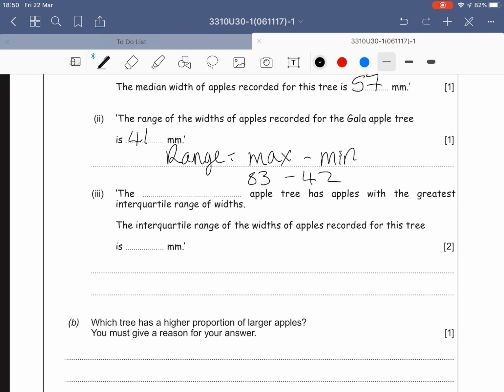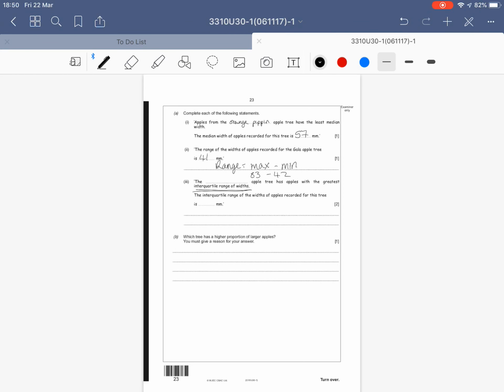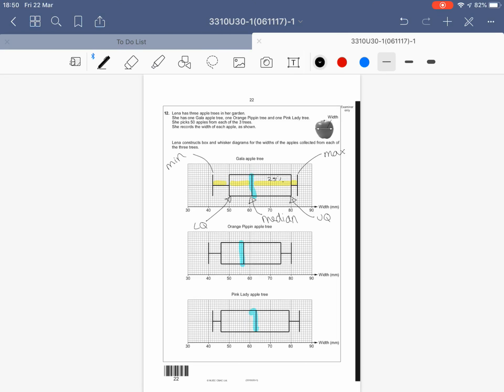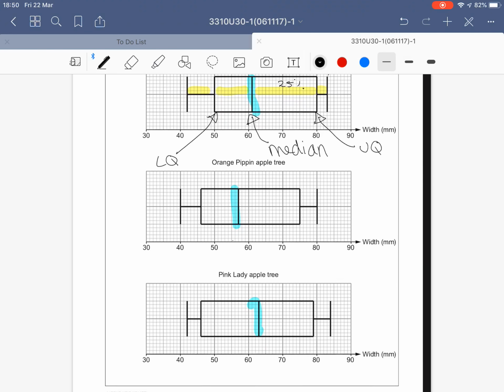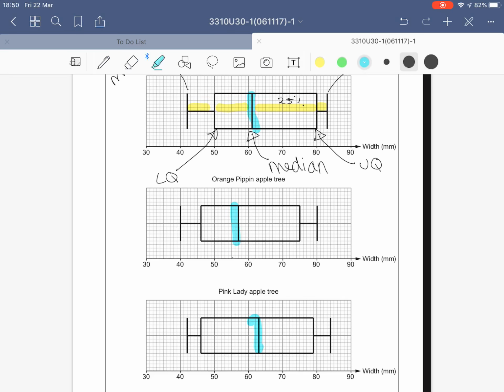The something apple tree has apples with the greatest interquartile range. I knew they'd ask us to do that. Right, let's look at the interquartile range for all of it. You can kind of see which one has got the biggest box, really. So the biggest box, that means this distance. You could work it out, but I can kind of see it's this bottom one.